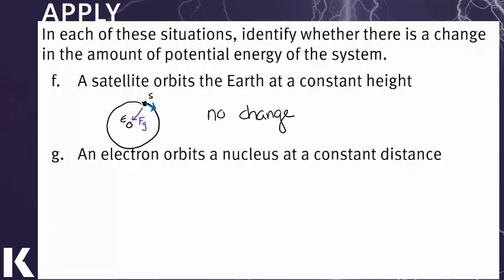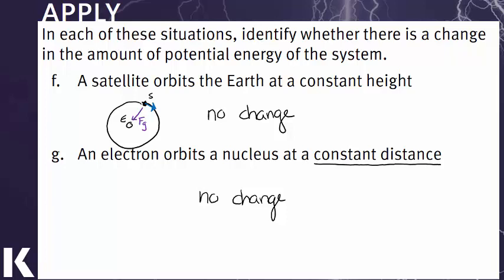Finally, let's take a look at G. An electron orbits the nucleus at a constant distance. Because of this constant distance, there is no change in the potential energy because there's also no change in the height. Notice that parts F and G both dealt with orbit. In orbit, you'll have some object moving in a circular path around another object.